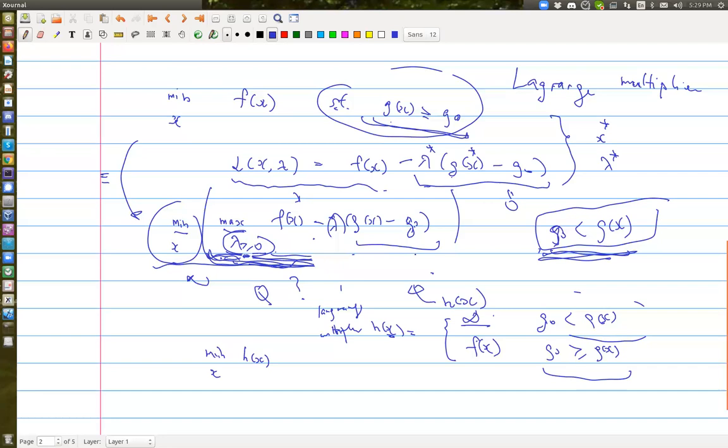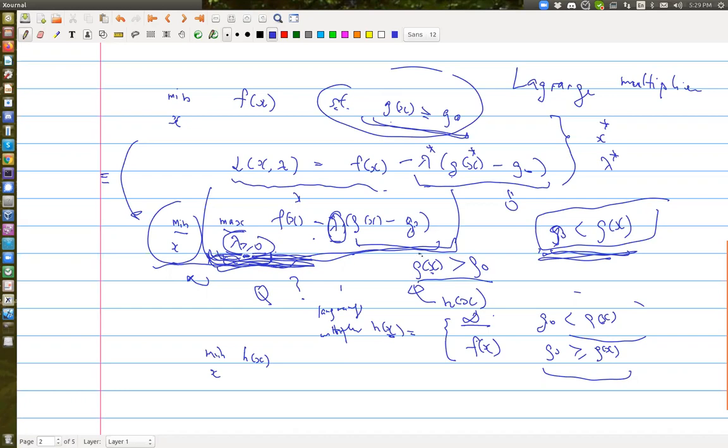If the constraint is not violated, basically if g of x is bigger than g0, then you look at the optimization function here. For g of x bigger than g0, what is the maximum value, or the solution for this optimization function? It will be lambda equal to 0, right? Because when this is positive, I want to maximize that, and of course I would want this lambda equal to 0.